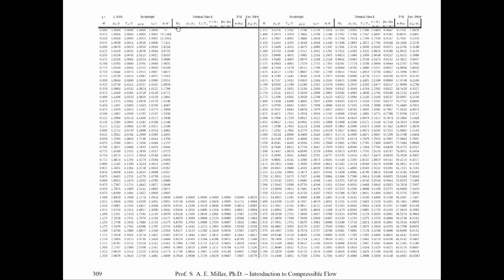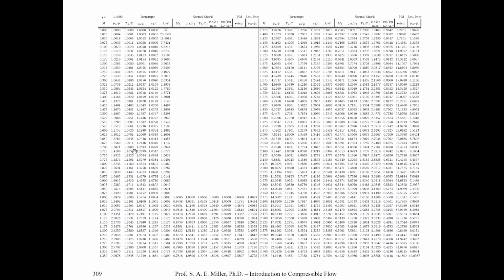Let's look at the other columns. You'll see there's isentropic, normal shocks, PM for Prandtl-Meyer, and Rayleigh-Pitot for Rayleigh-Pitot tube. Let's ignore the columns labeled normal shocks, Prandtl-Meyer, and Rayleigh-Pitot tube for now. You'll see there's other columns under isentropic, divided by vertical lines, for P naught over P, T naught over T, rho naught over rho, C naught over C, and A over A sup star. You'll note for every Mach number there are corresponding values in the columns.